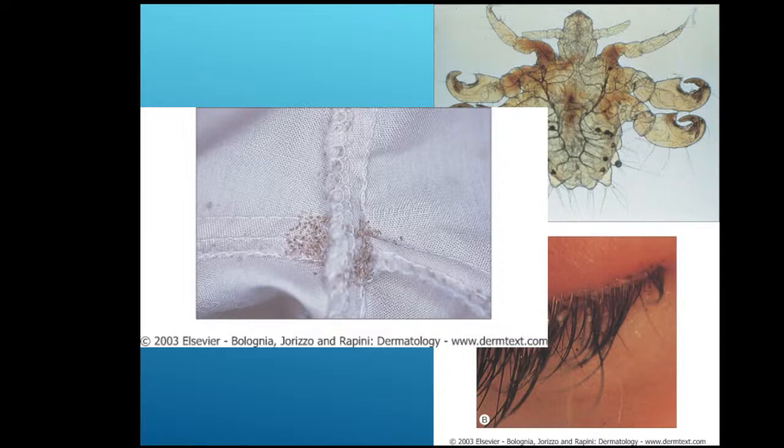Very often it can live in eyelashes, eyebrows, and other parts of the human body. The diagnosis of lice is the clinical picture, and finding parasites and their eggs in human hairs or human clothes.